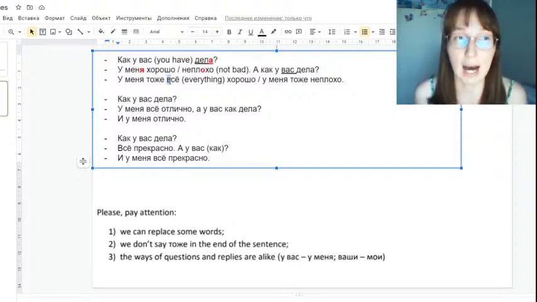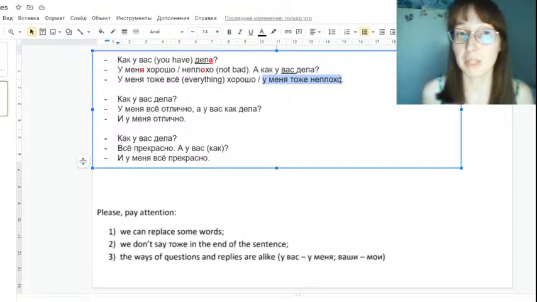У меня тоже всё хорошо. Or у меня тоже неплохо. У меня тоже неплохо.